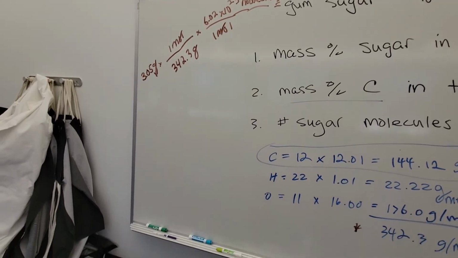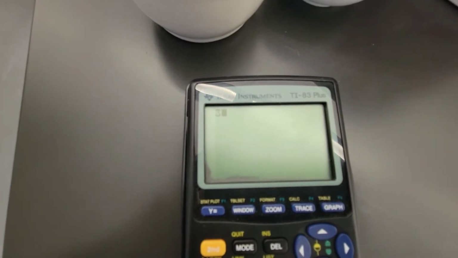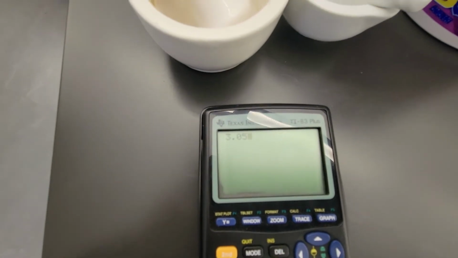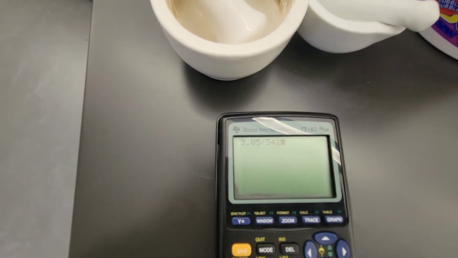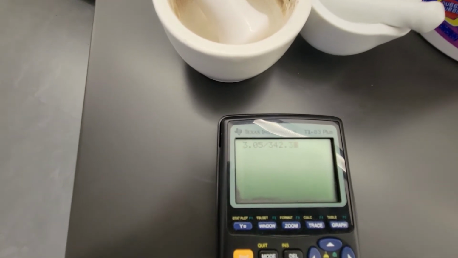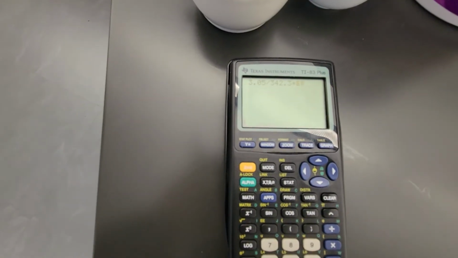We got 3.05 divided by the molar mass of the sugar, 342.3, and multiply that by Avogadro's number.